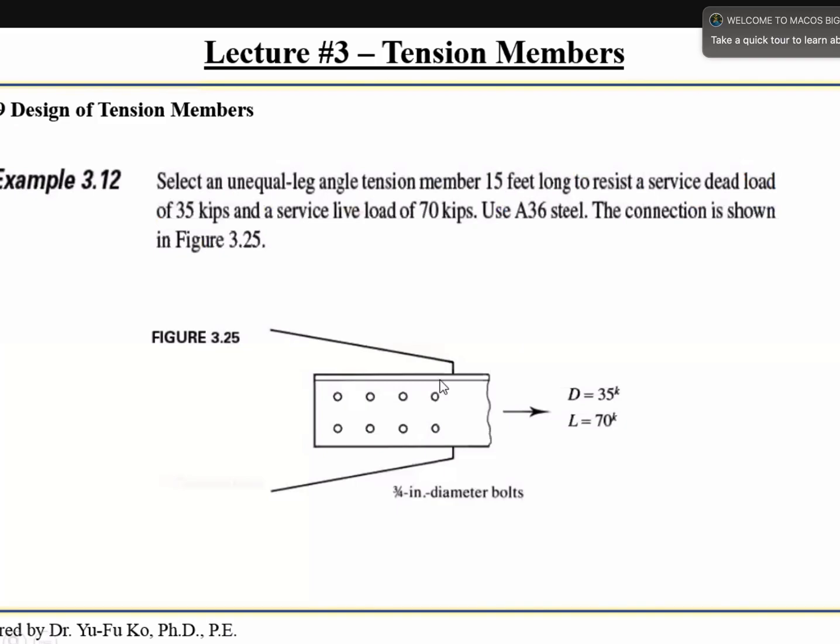And the bottom plate is the gusset plate, and the tension member is in here. And as you can see, you got 2 rows of bolts. Each row has 4 3/4 inch diameter bolts. So you need to design an unequal leg angle for this to resist the service load 35 kips dead and 70 kips live. So this is the problem statement. So how do you do that?